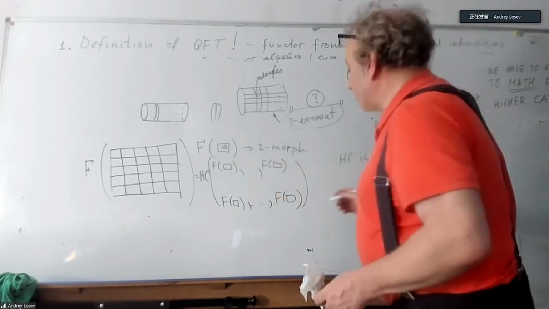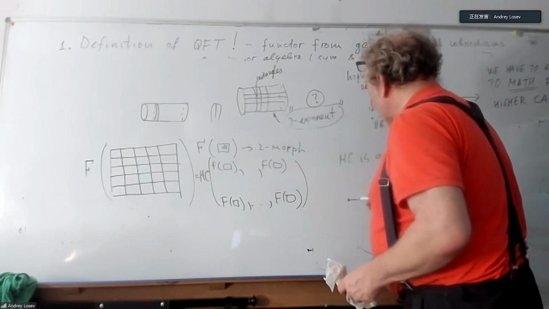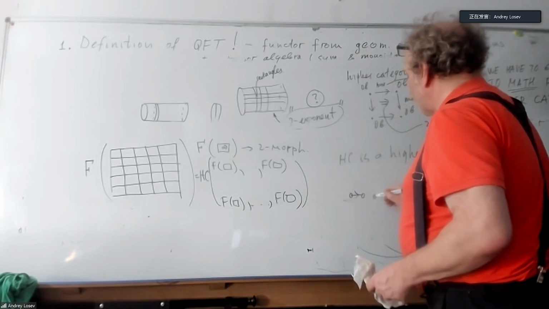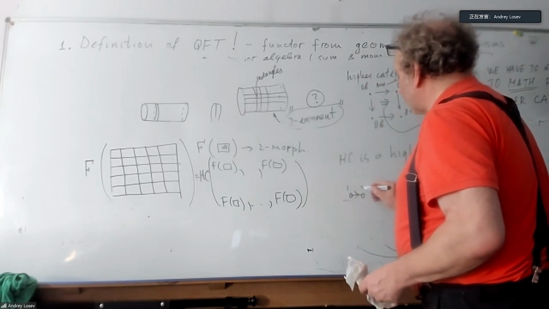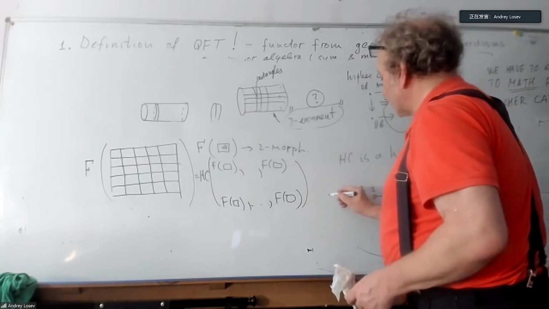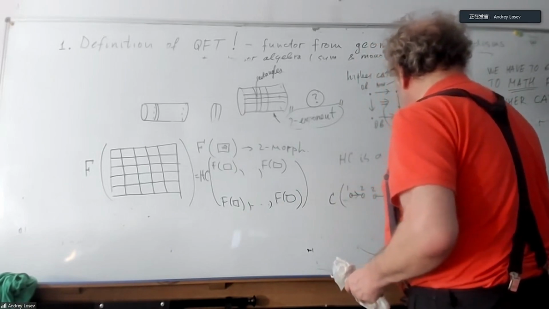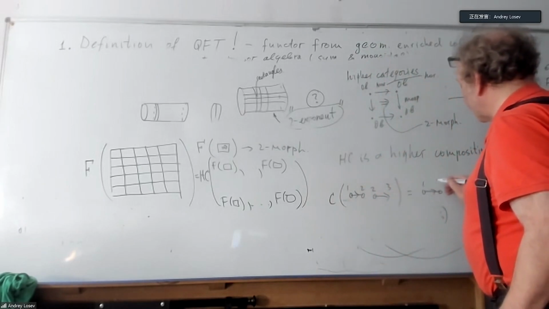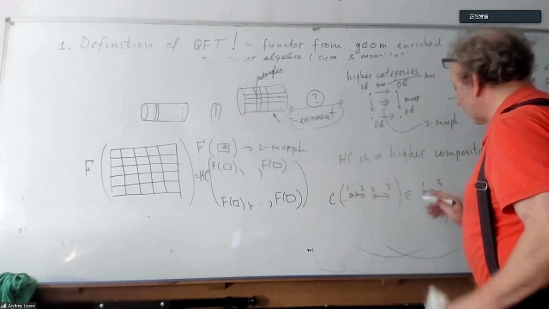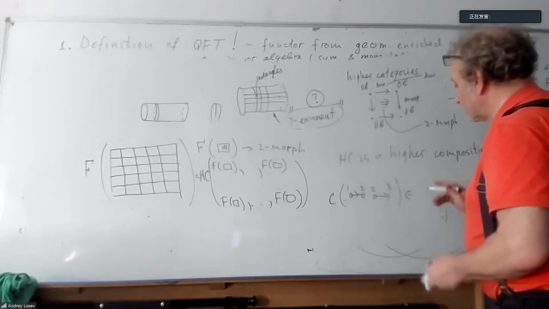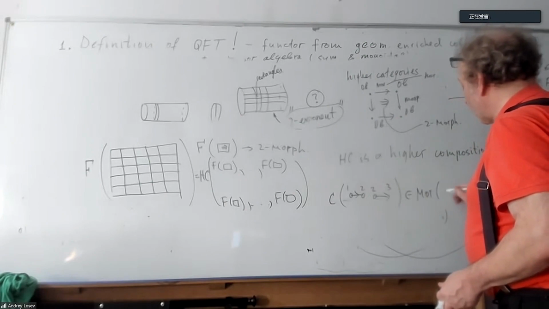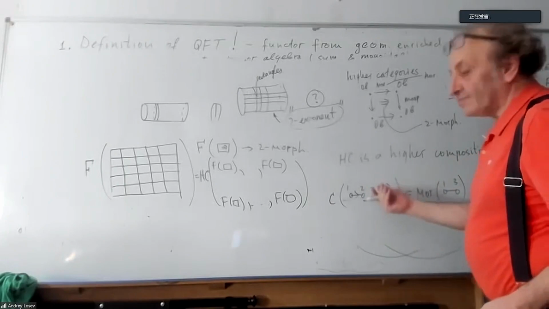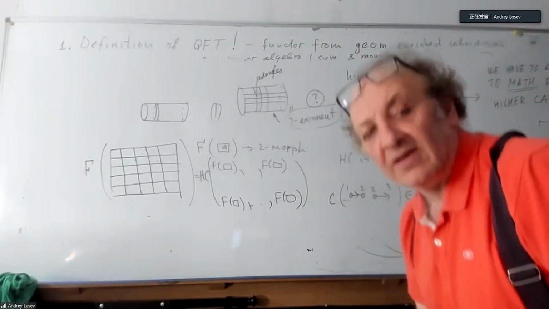So when you have ordinary composition, you have a morphism, you have another morphism, 1, 2, 2, 3. So here we have composition of these two. And this is something like 1, 3. And we understand it in category theory.